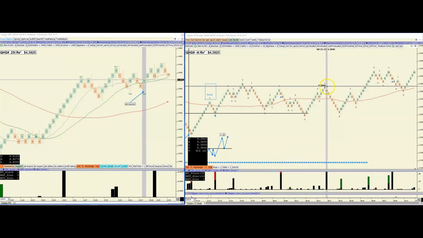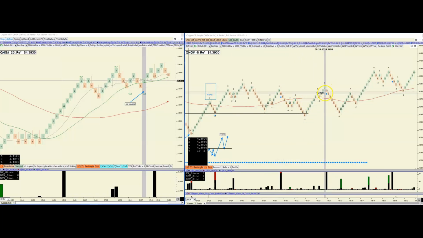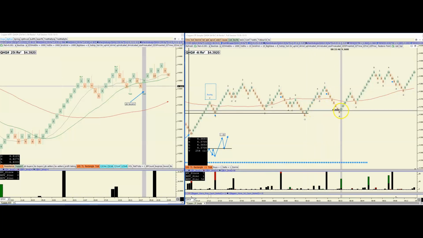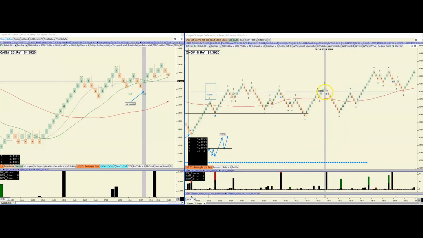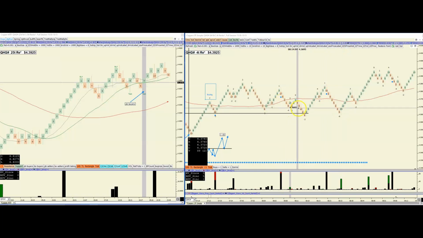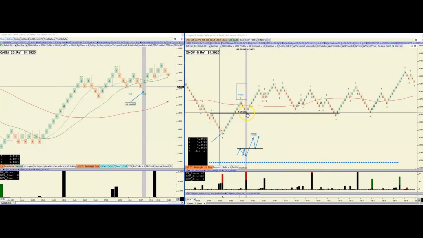It comes back into a resistance area, sell it. Why? To bring it back down to support. So sometimes the selling is for the purpose of bringing it back down to support, or buying. There are many. This is buying here. This is selling to bring it down to support.